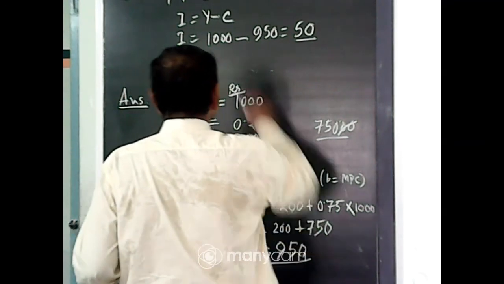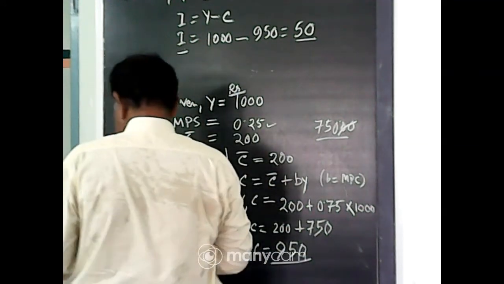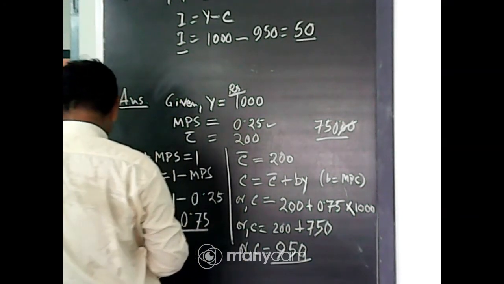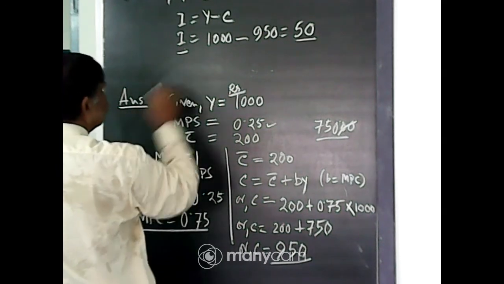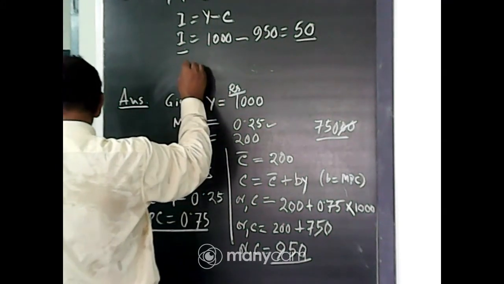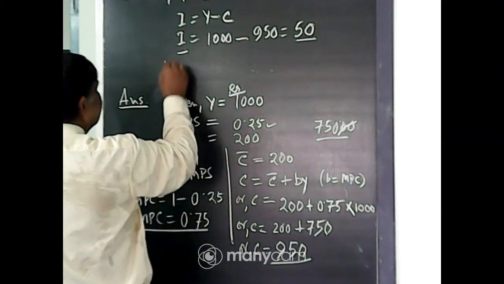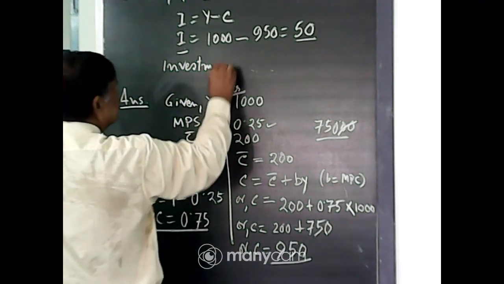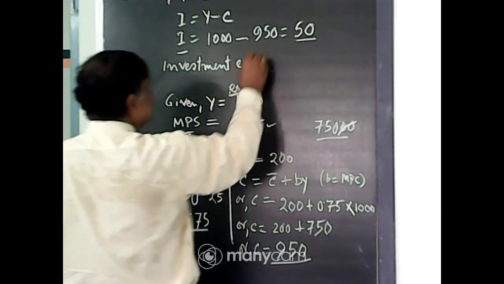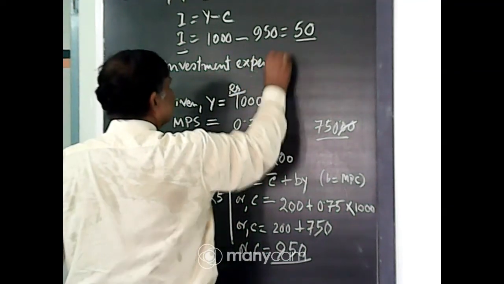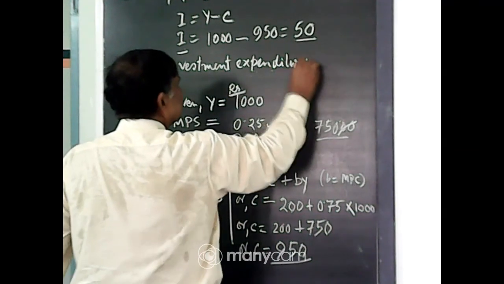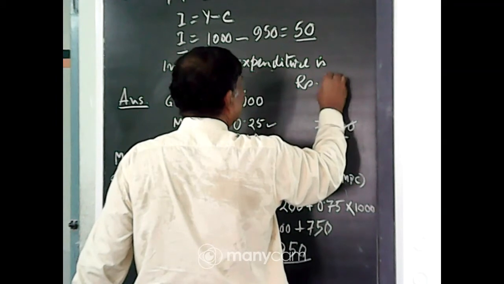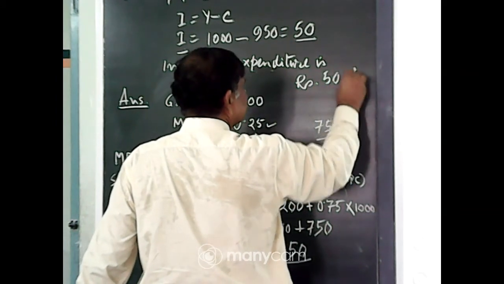So I means investment expenditure, then your answer is 50. What did the question ask? Investment expenditure is rupees 50. This is the answer.